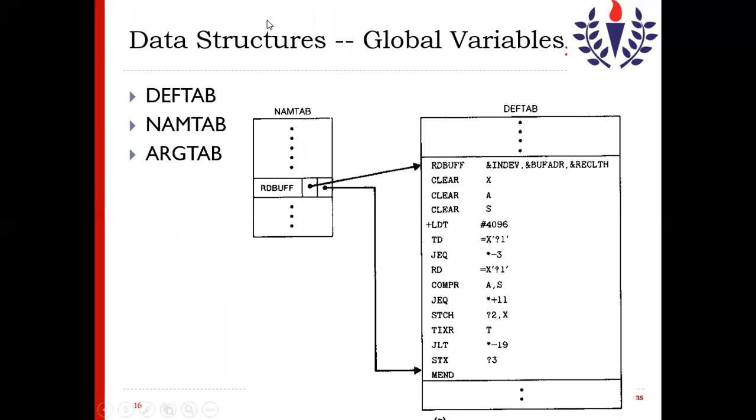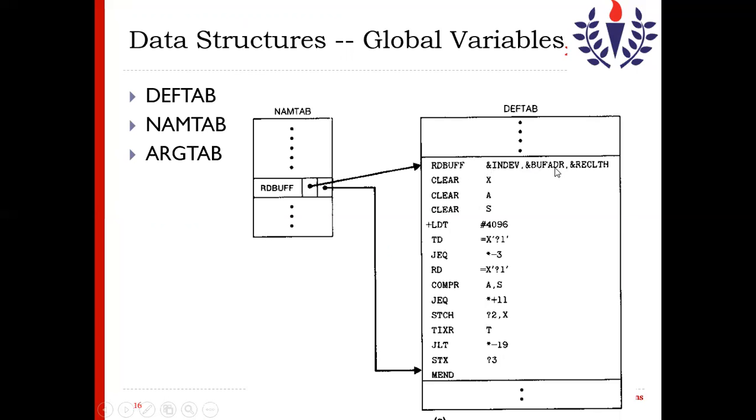See here, the data structure of the macro. Three tables are there: def tab, name tab, and argument tab. This is the name tab, where names are coming. This is the name of one macro, and this is the definition. The macro receives three arguments, and each argument has the prefix ampersand sign.